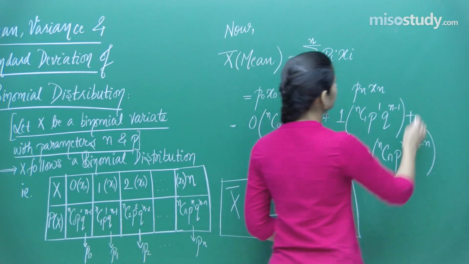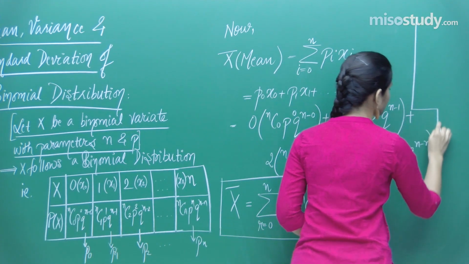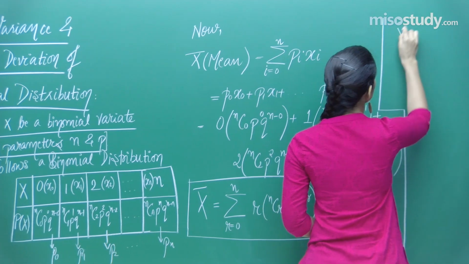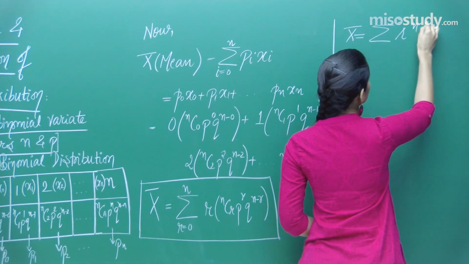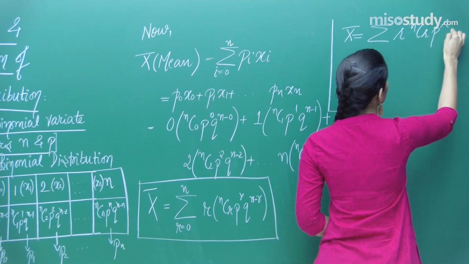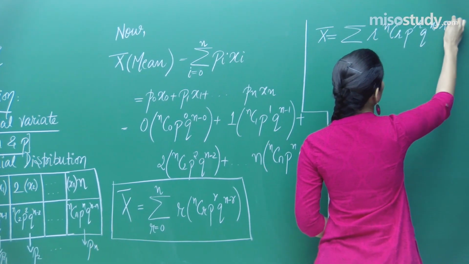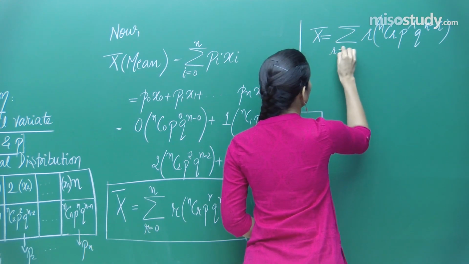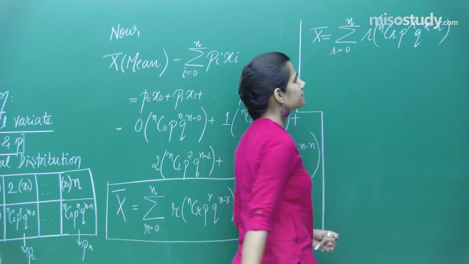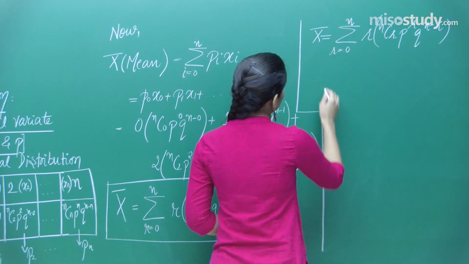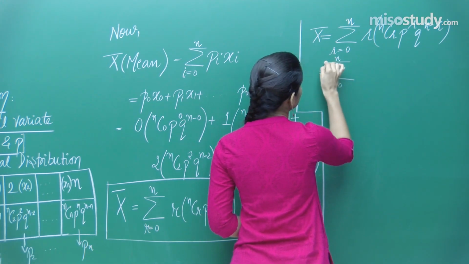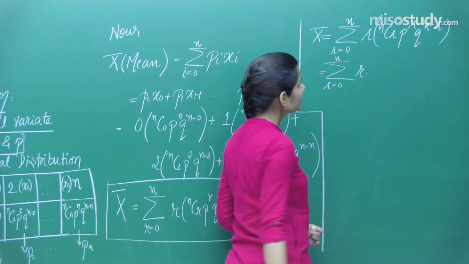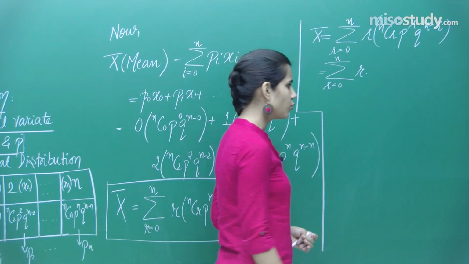Now let's resolve it further. Mean is summation r into NCr p to the power r q to the power n minus r, where r is varying from 0 to n. How can I write this further? Let's see. You know that NCr can be written as what?